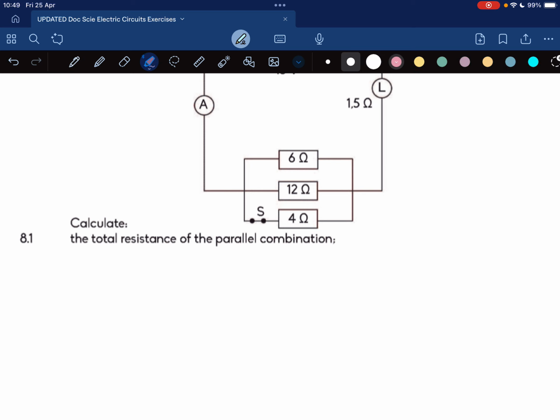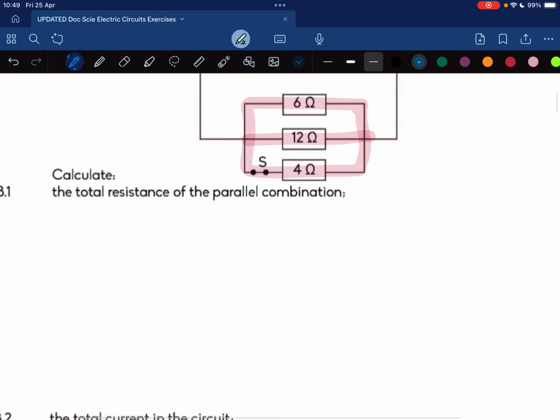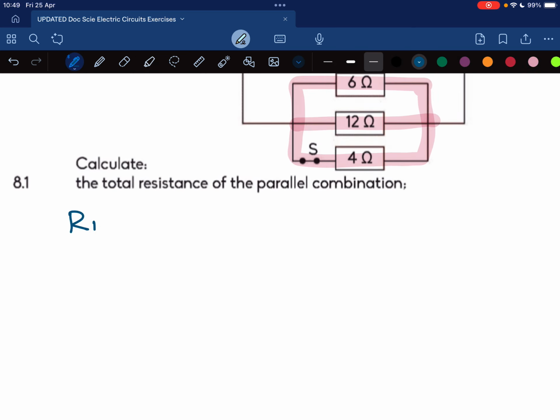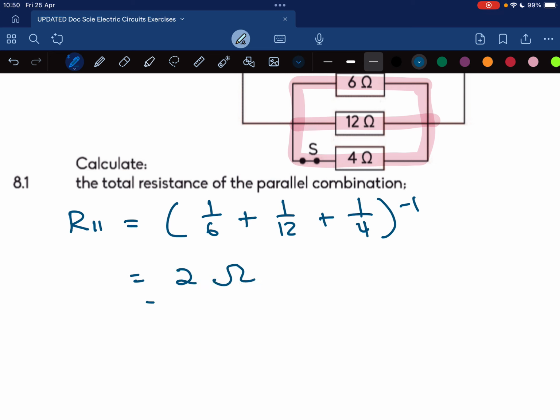So they want to know what is the total resistance here. So the parallel combination is equal to 1 over 6 plus 1 over 12 plus 1 over 4, all to the power of negative 1. Then you just put that all in your calculator and you should get an answer of 2 ohms.